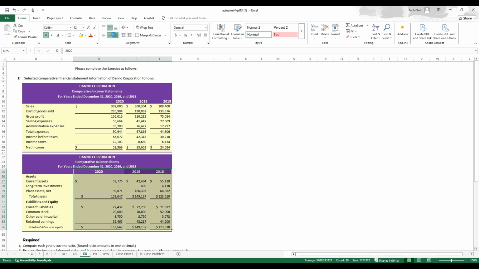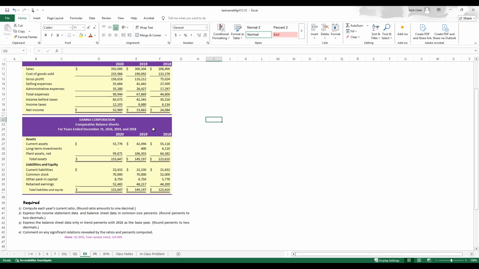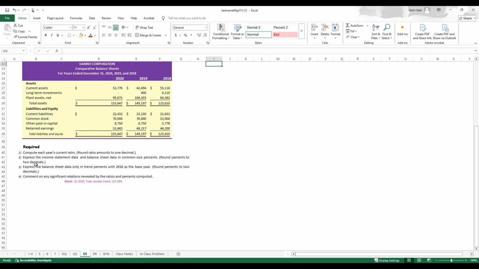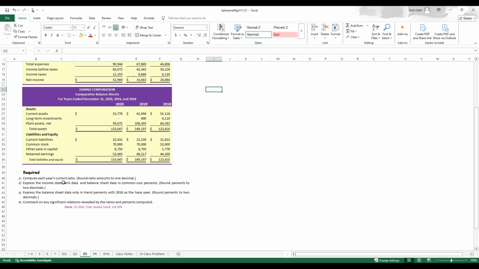And similarly down here for our balance sheet and income statement, and we need to compute each year's current ratio, and express the income statement data and balance sheet data in common size percents.